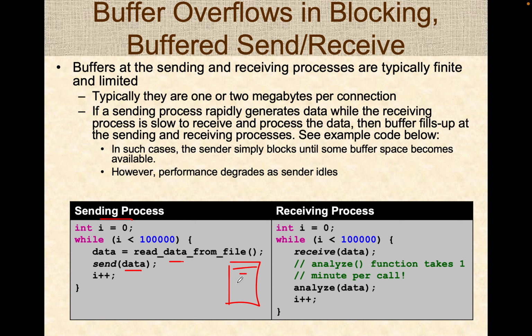If this buffer is full of messages, that means the receiving process is not yet receiving data fast enough because it's taking a lot of time to process. The sending process will fill its buffers and it will have to idle, waiting for the receiving process to catch up. So, in such cases, this sender has to block or wait until the buffer space becomes available, and this may degrade the performance as well.